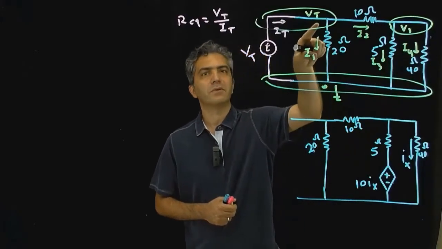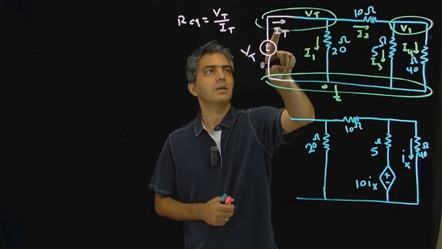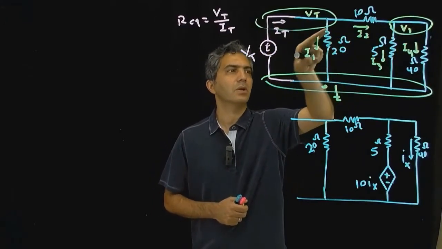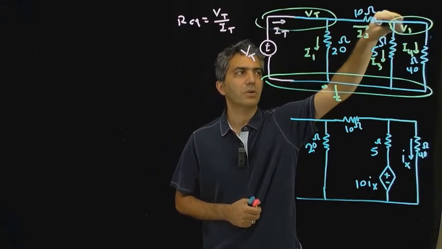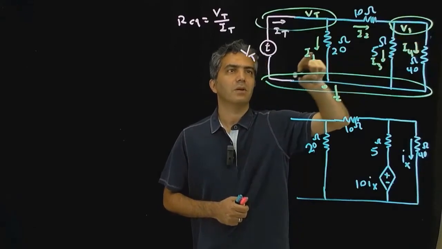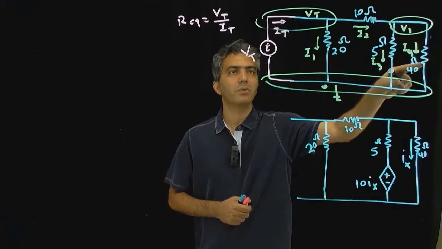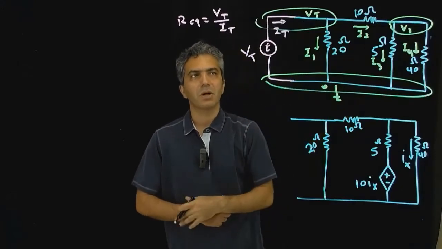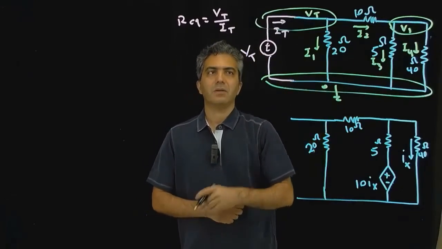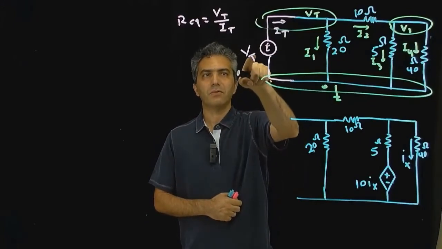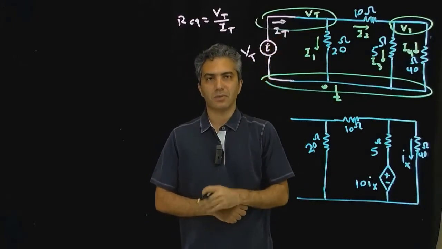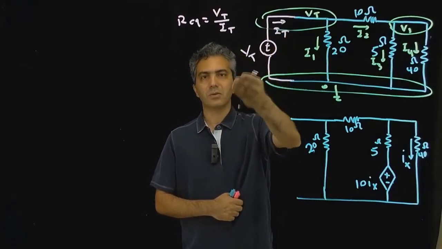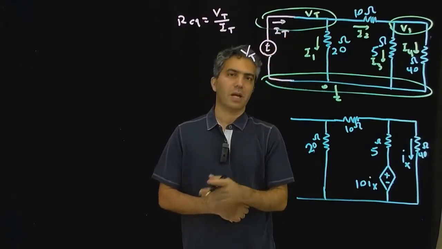Now you write a KCL for this node. IT is equal to I1 plus I2. Write a KCL for that node. I2 is equal to I3 plus I4. Write equations for the 1, 2, 3, 4 components and solve that set of equations. And out of that set of equations, you're looking for VT over IT, as opposed to a specific value for VT and IT. You're looking for the ratio, and you can calculate that.